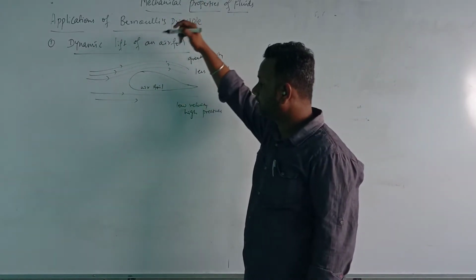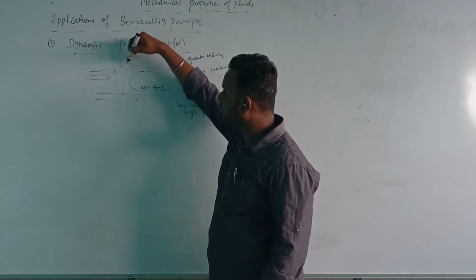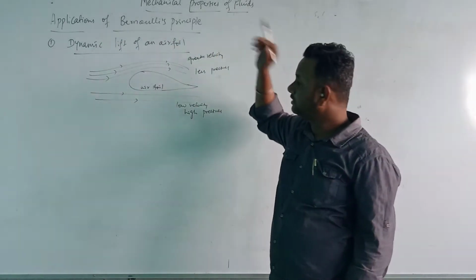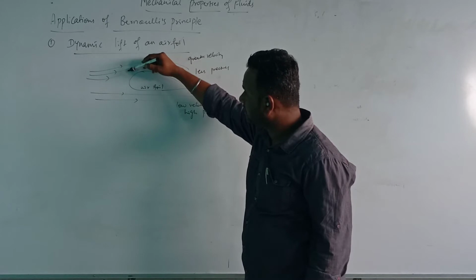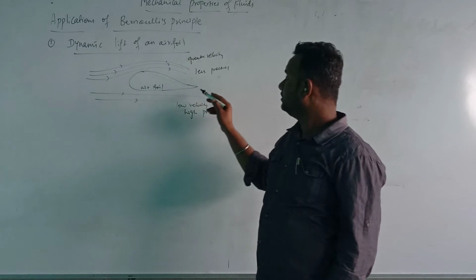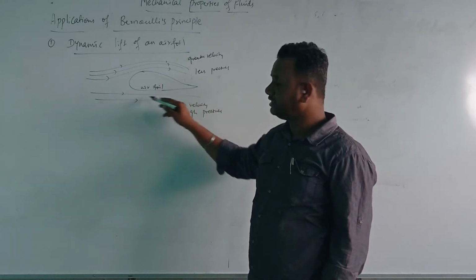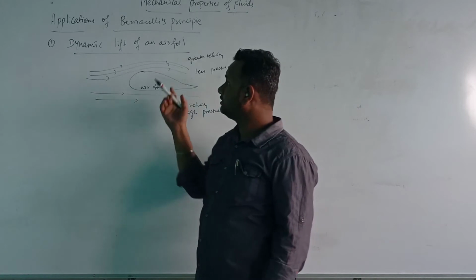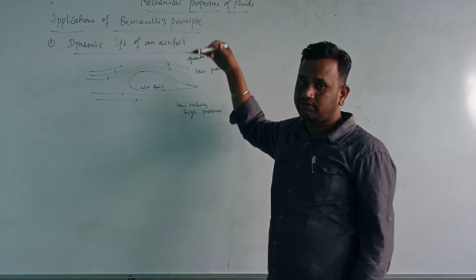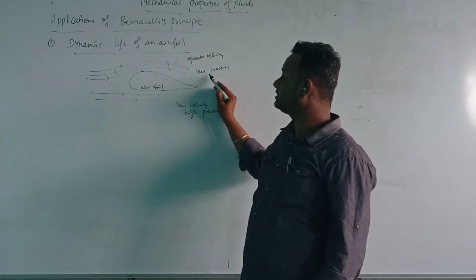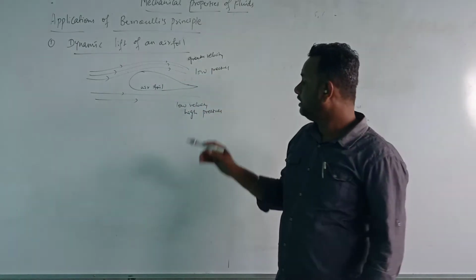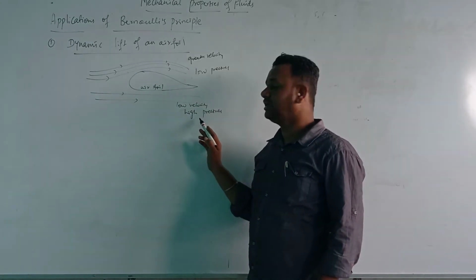So the air above the airfoil has a greater velocity. This is a convex surface, so the velocity is greater here, and the air below the airfoil has a lower velocity. According to Bernoulli's principle, which I discussed in yesterday's class, where the velocity is greater, the pressure is low, and where the velocity is less, there is high pressure.